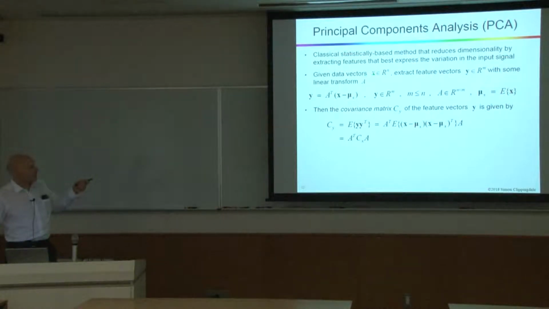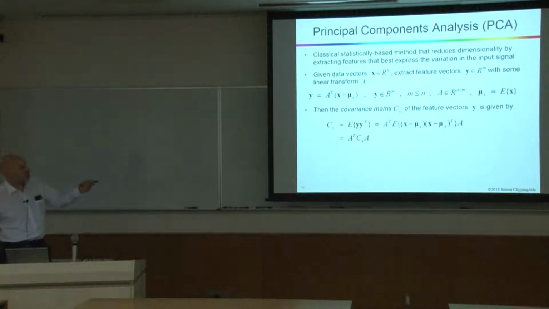So here we have our input vectors x in this space of real numbers, n-dimensional real numbers. We extract some m-dimensional feature vectors from each of these input vectors with our linear transform A again. This is exactly the same as the previous slides. Subtract the mean from our input vector. This capital E here is expectation, statistical expectation or average.